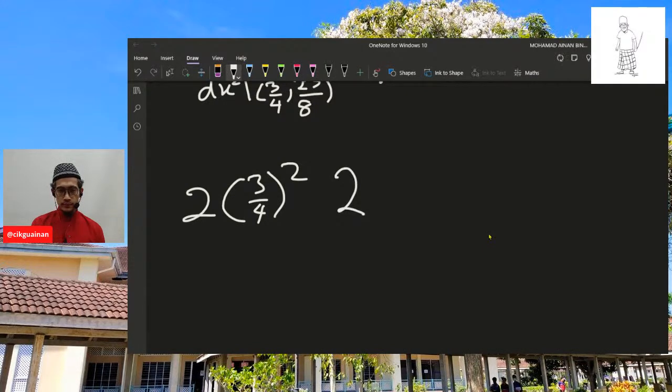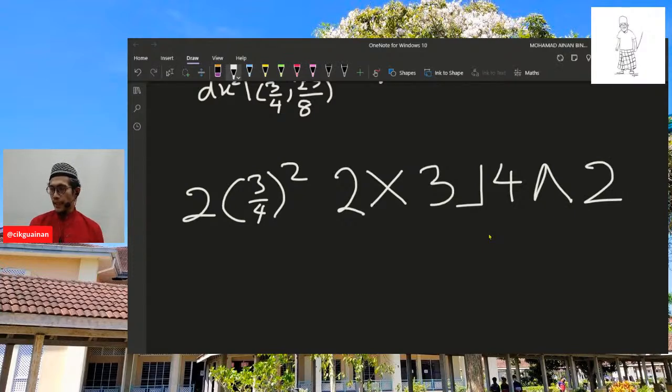If you use the black calculator, you will do this: 2 and then multiply, then 3, the fraction symbol, 4, and then power 2. If you do it like this, it's wrong. So what should we do?